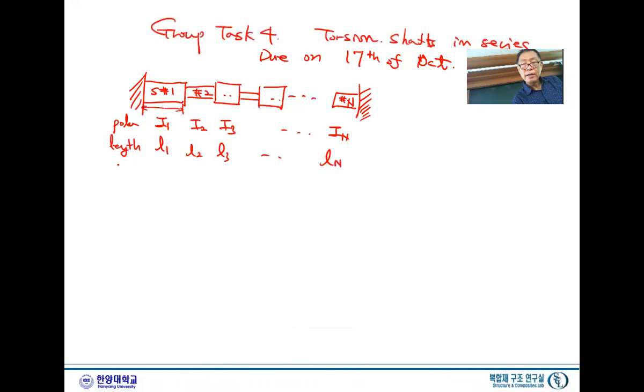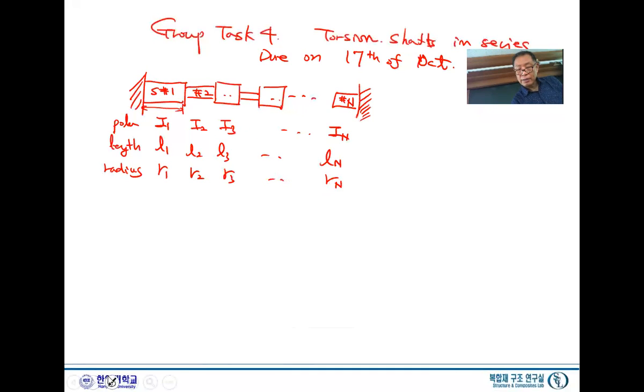And another one given is the outside radius. I will call R1, R2, R3, and Rn. Okay, so these are all given.